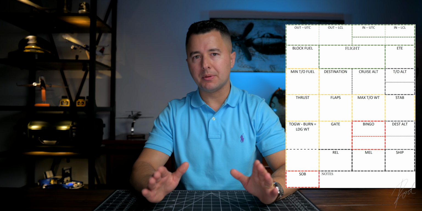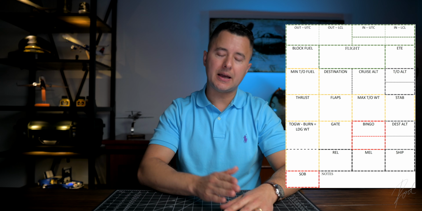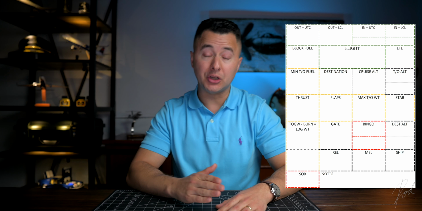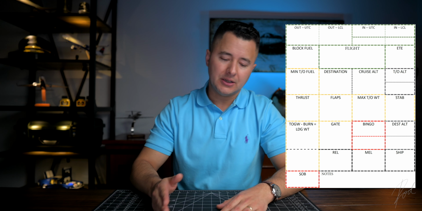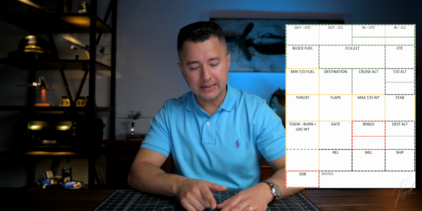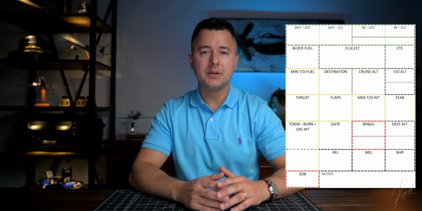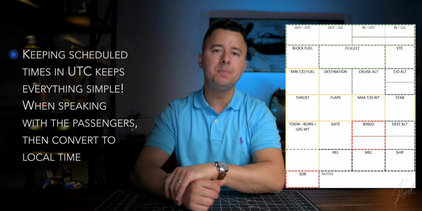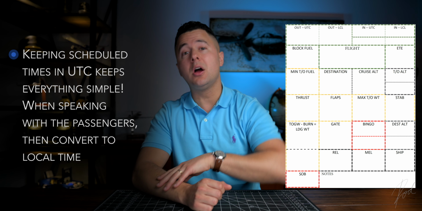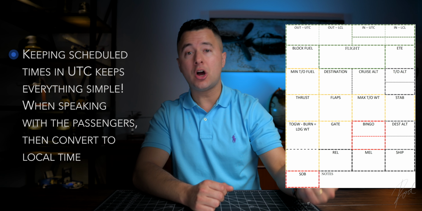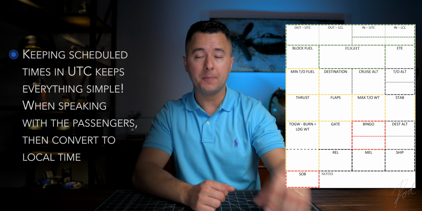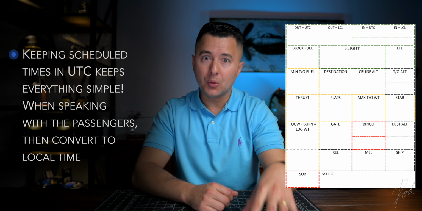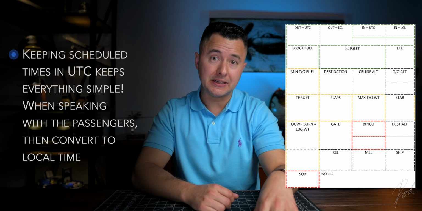All these problems are solved by keeping time in UTC, or Universal Time Coordinated. So we keep this time in this manner so that you take off at 10 in the morning Zulu time, and a flight 6 hours long, you will land at 1600 hours Zulu time. It does not matter which time zone you're landing in.